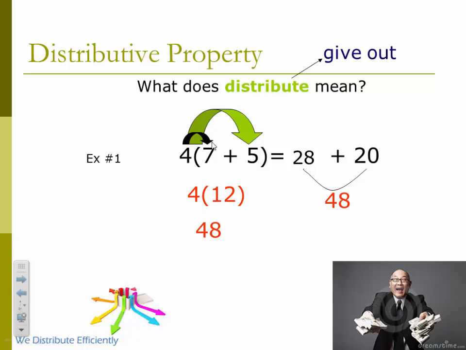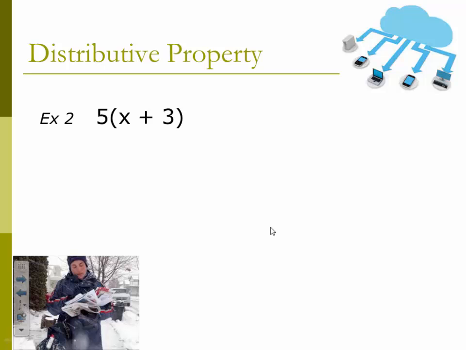The reason I'm showing you that to distribute like this is because we're not always going to have nice, easy numbers like that on the inside. So let's give an example of that. So we now have a variable in there. You cannot say x plus 3 because we don't know what x is. So in this case, we need to distribute that 5. So we're going to take the 5, we're going to distribute it to the x. So 5 times x is 5x.